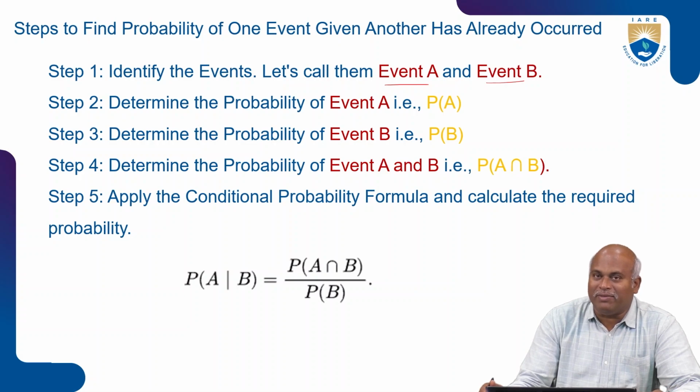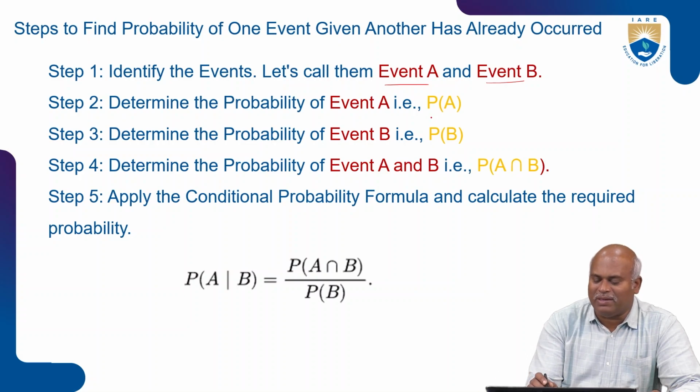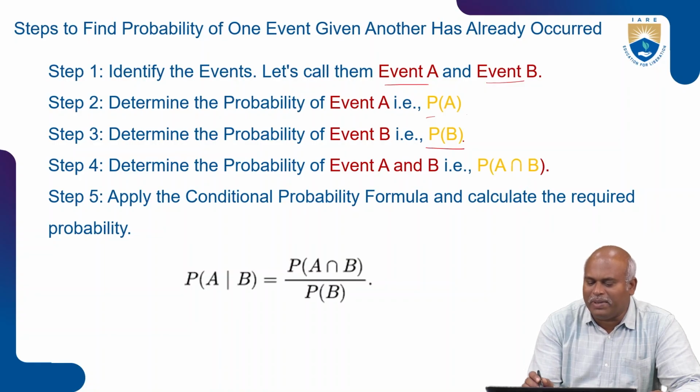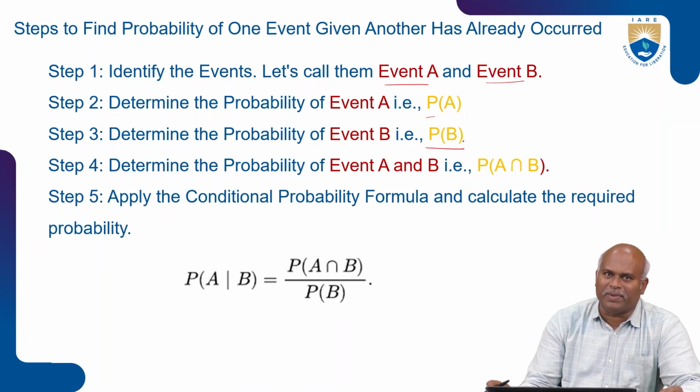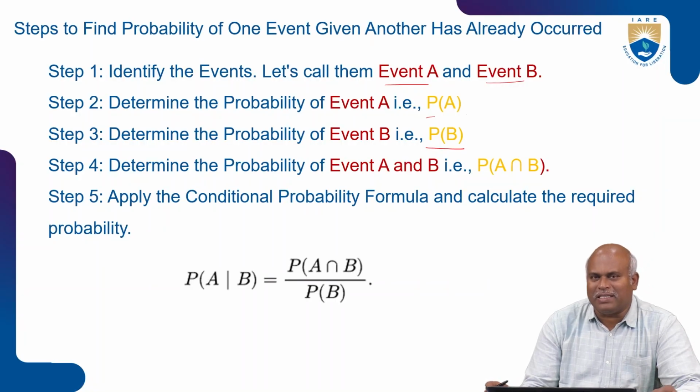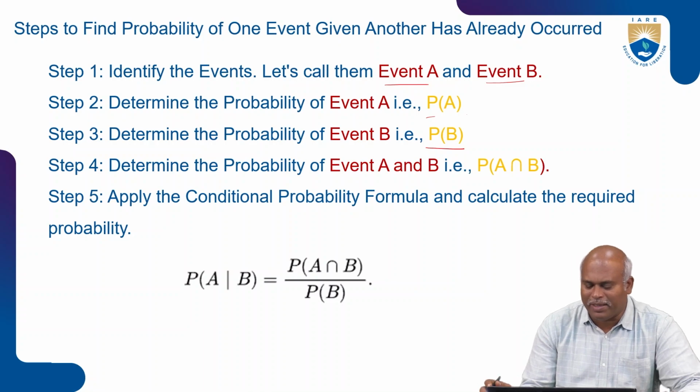Determine the probability of event A, that is P of A. Next, determine the probability of event B, that is P of B. Then apply the conditional probability formula to calculate the required probability: P of A given B is equal to P of A intersection B divided by P of B.